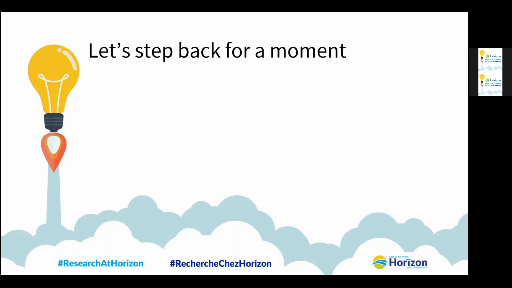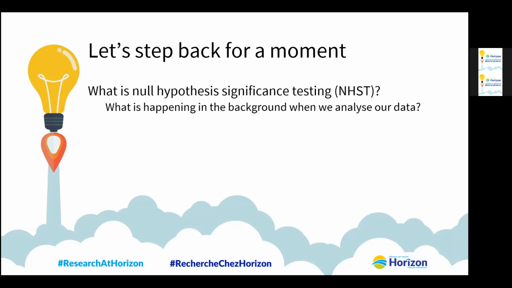So when you run your statistical analyses, ultimately what you're doing is null hypothesis significance testing. Null hypothesis significance testing is the development and testing of hypotheses by selecting a threshold or limit, which we would call an alpha level, and creating alternative and null hypotheses and evaluating your obtained study results to decide whether or not to reject your null hypothesis.